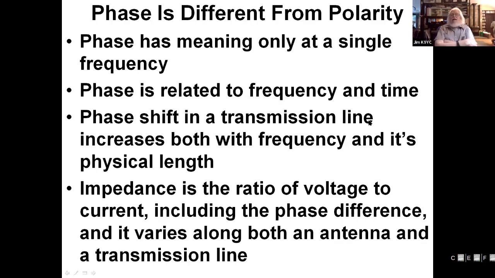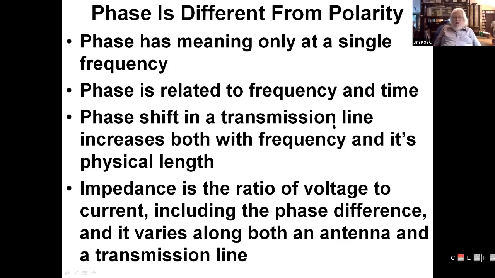Phase has meaning only at a single frequency, and it's a function of frequency and time. Phase shift in a transmission line increases both with frequency and its physical length. So a line that we think is a perfect inverter at one frequency is not if we go off resonance, that is, if we move up or down from the design frequency.